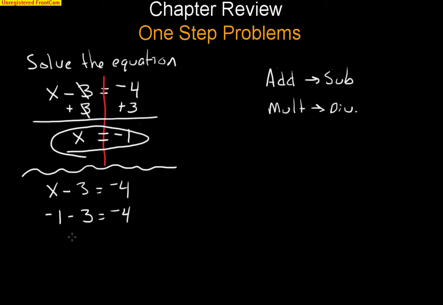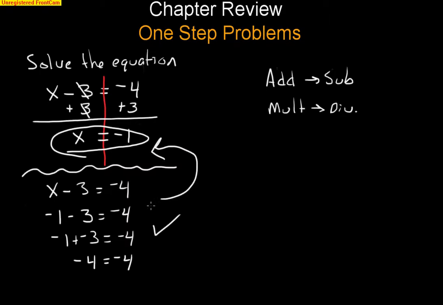I don't like subtraction, so I'm going to write it as negative 1 plus a negative 3 equals negative 4. You don't have to do that necessarily, but I do. We have negative 1 and negative 3, both negative, so we can add them, and we have a negative 4, and it equals a negative 4. Our verification checked out, so we know that this solution is correct.